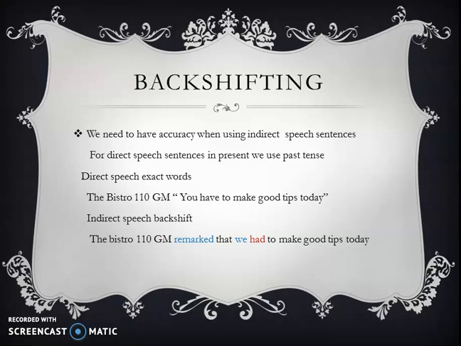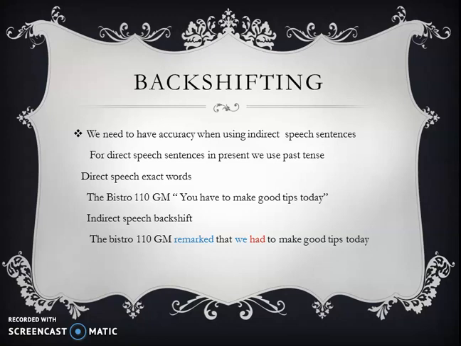I use "remarked" because this is a very expressive verb that we can use now in this type of sentences. As I said, not only can we use "said," "told," or "asked," we can use different verbs. And this is the idea of today, that you guys can use different verbs. So the verb is marked in blue because you see what was the verb to include in the indirect speech form.